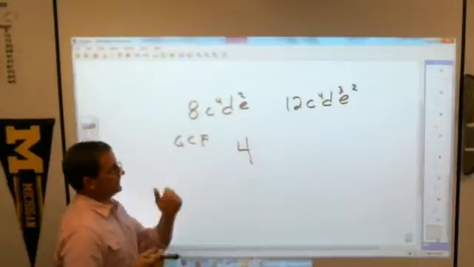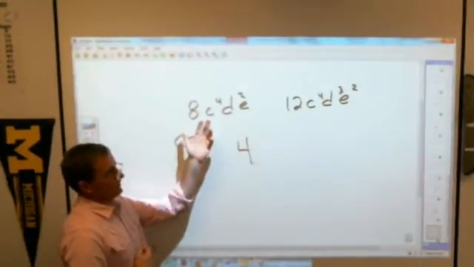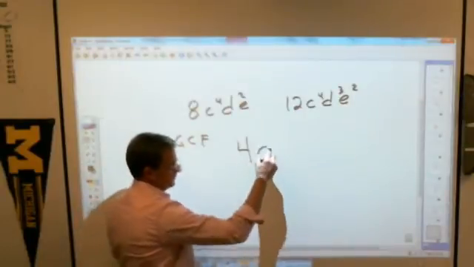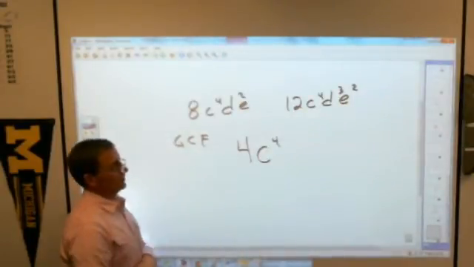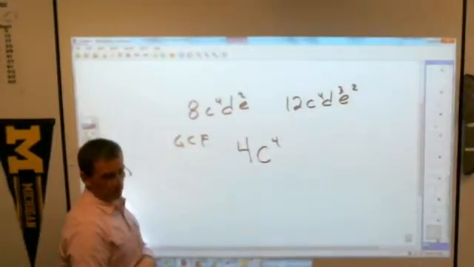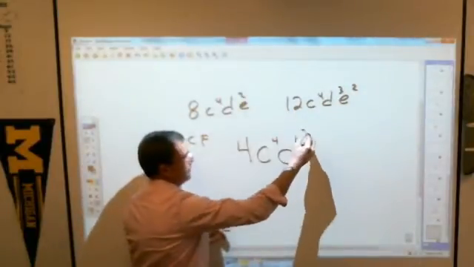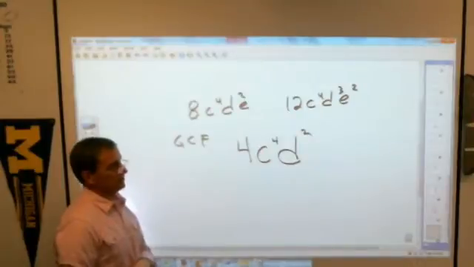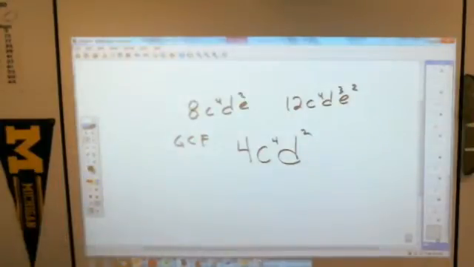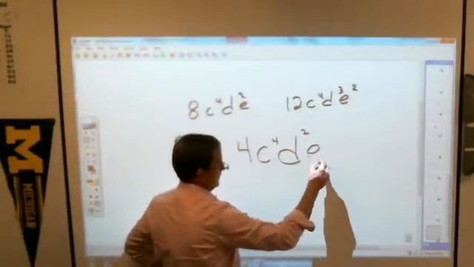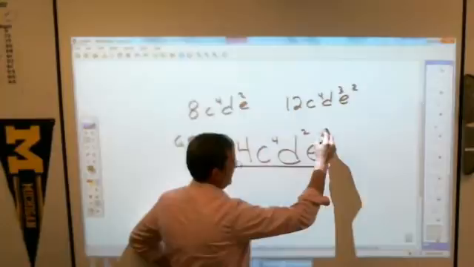Looking at the c's, which group has the fewest c's? They both have c to the fourth, so that's the fewest they have. Looking at the d's, which group has the fewest d's? d squared. And then looking at the e's, the normal e is right there. This is your greatest common factor.